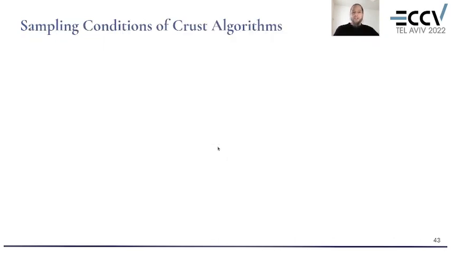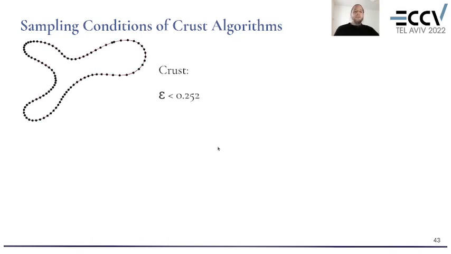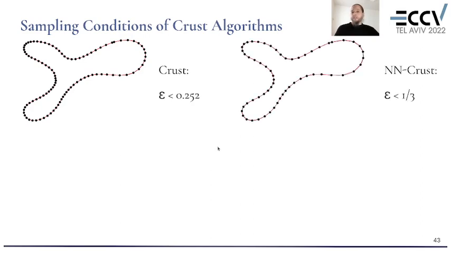If we compare the sampling conditions of the crust algorithms, remember crust had an epsilon of about 1/4, and the smaller epsilon is, the more points we need in order to reconstruct the shape. Here we sampled a shape with the number of required samples. Nearest neighbor crust increased the bound to 1/3, so you can already see it requires fewer vertices.